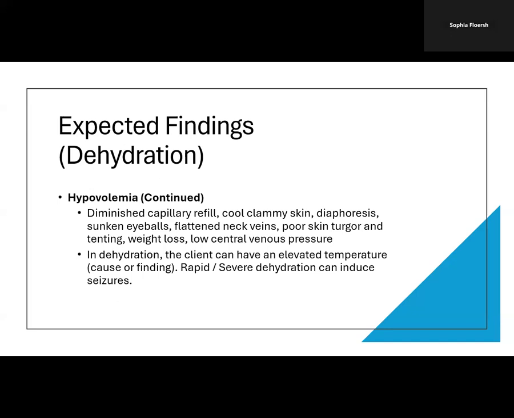So looking for those things like, do they have decreased urinary output? Are they hypotensive? Do they have dry mucous membranes? Do they have poor skin turgor? And yes, you absolutely want to know with dehydration. I've said it on here several times to kind of get into this idea of, you need to know what your expected findings are, what your signs and symptoms are, what your patient's going to look like if they're possibly dealing with dehydration.